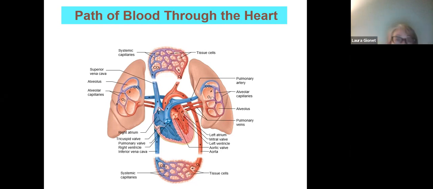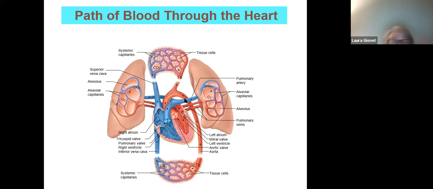The arrows show that from those sources, the blood is transported into the right atrium, through your tricuspid valve to the right ventricle. From the right ventricle, you pass through the pulmonary semilunar valve, the pulmonary valve, to the pulmonary trunk, which bifurcates into a right and left pulmonary artery to transport blood to the right and left lungs for gas exchange.